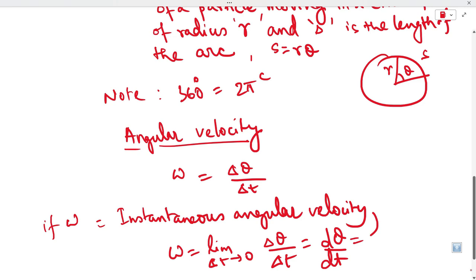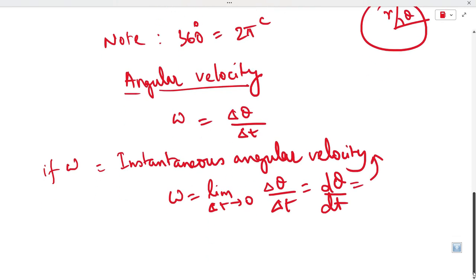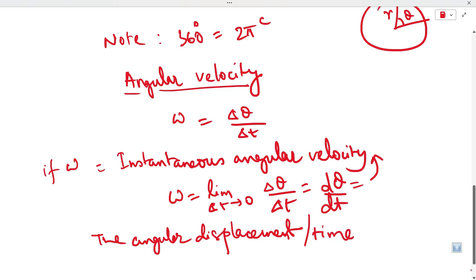So angular displacement per unit time is defined as angular velocity.